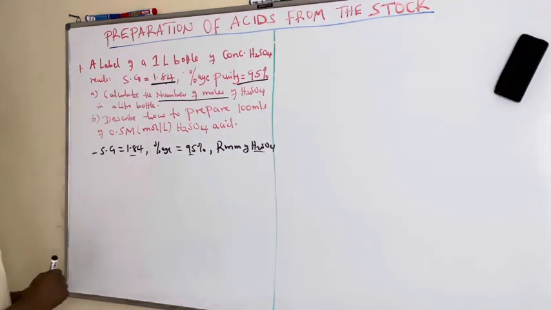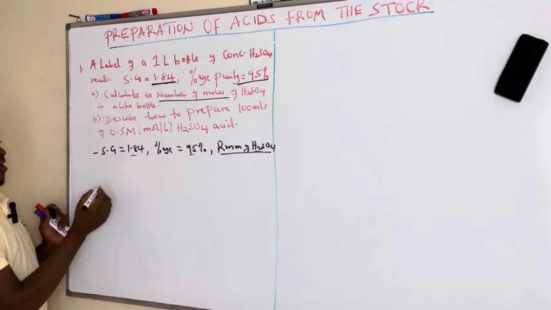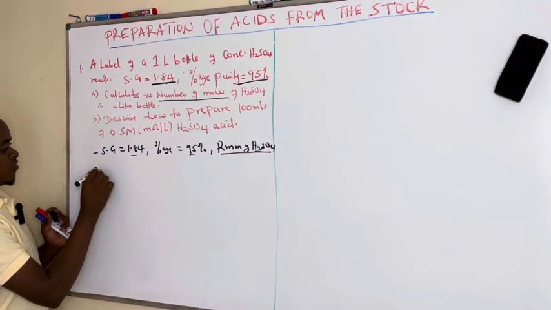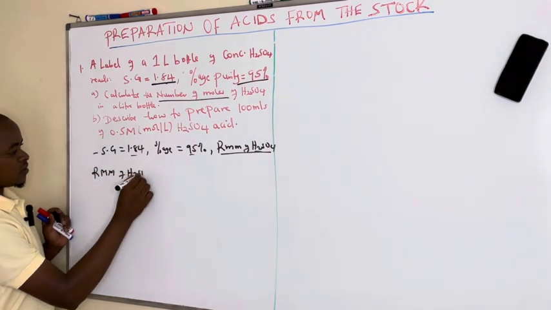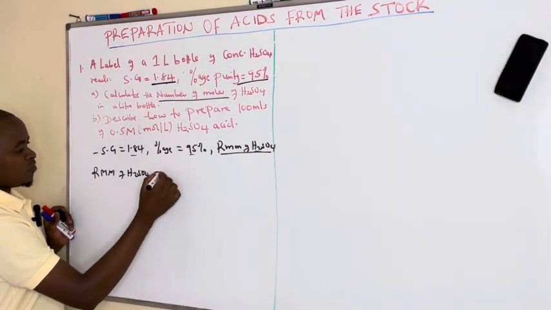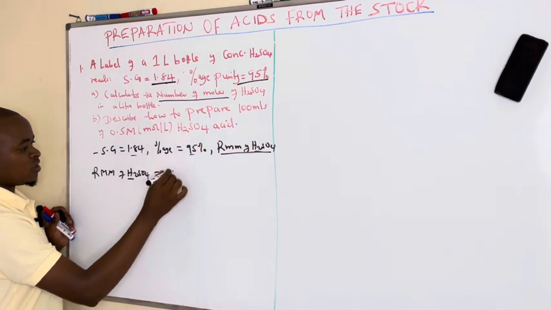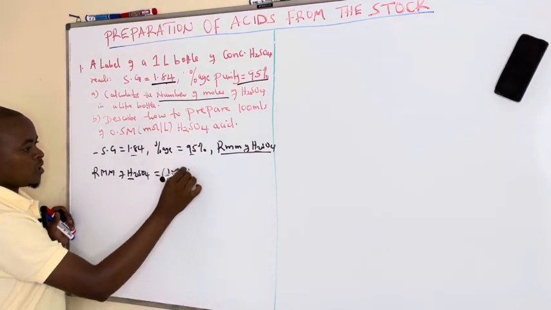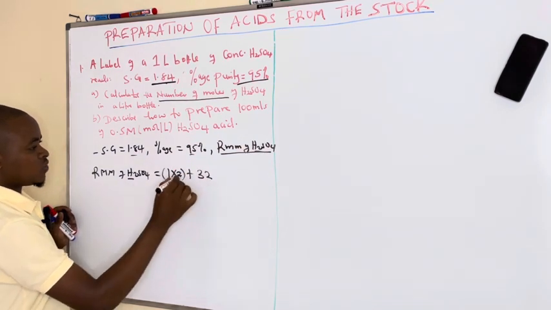So what we need is to first look for the relative molecular mass of sulfuric acid. To get it, we need to know hydrogen, there are 2, and the atomic mass of hydrogen is 1, times 2. Then we add sulfur, which is 32, and it is 1.